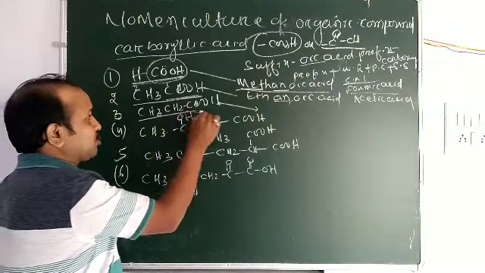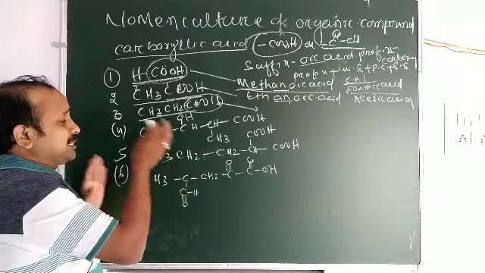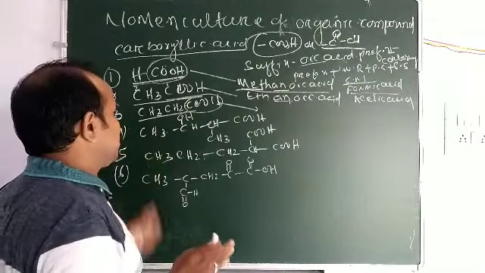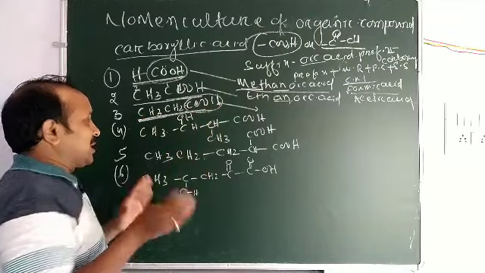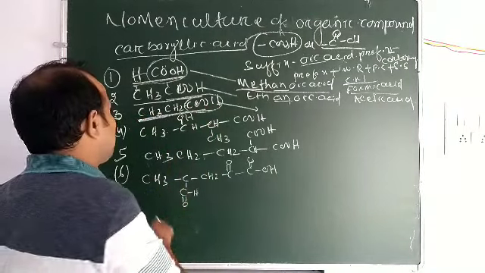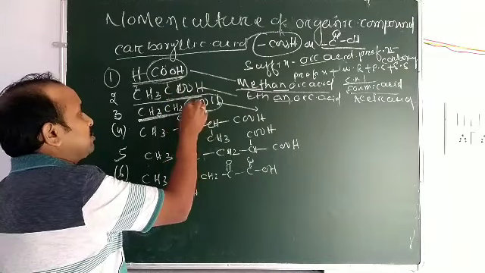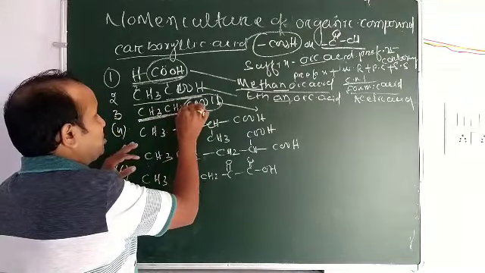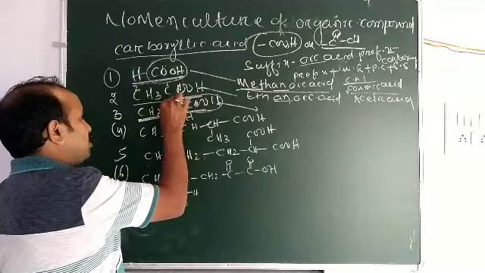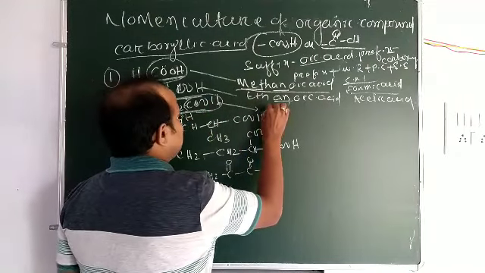Then third, the functional group is carboxylic acid COOH, and there is no branch, no substituent group, so naming starts from the word root. Here there are 1, 2, 3 carbons, so the word root is prop.